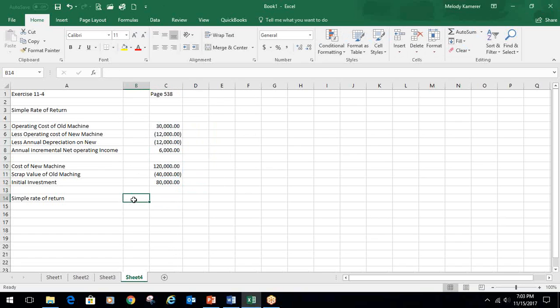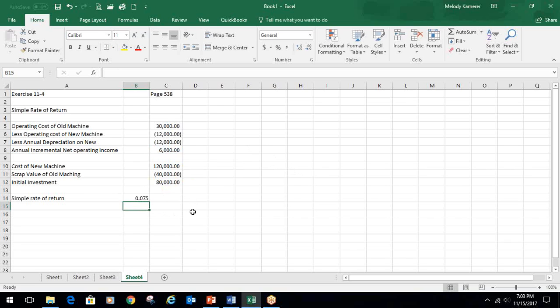So the simple rate of return is the annual incremental net operating income divided by the initial investment. So that would be 6,000 divided by 80,000. So if we do that, equals 6,000 divided by 80,000.